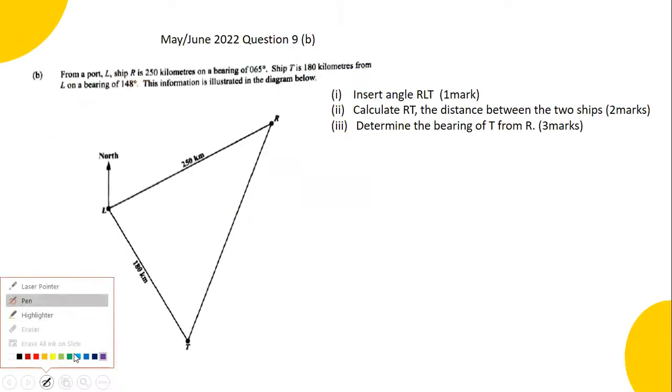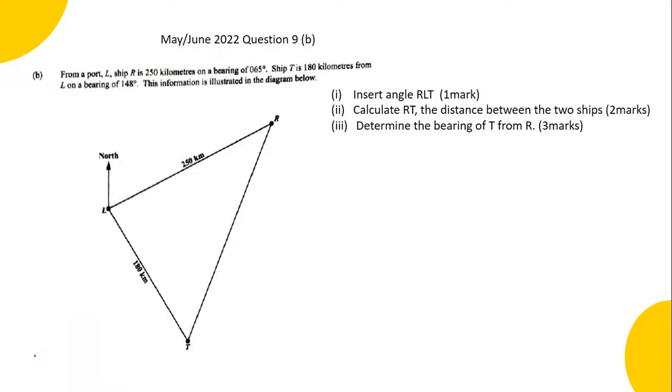Here we are starting with the May-June 2022 question 9 part B. From a port L, ship R is 250 kilometers on a bearing of 65 degrees. So they already gave us our diagram.